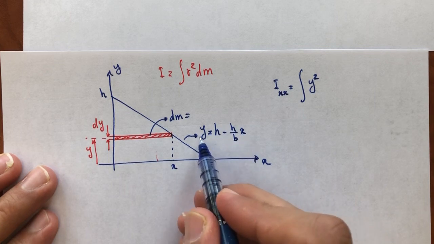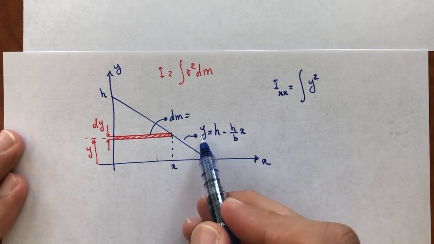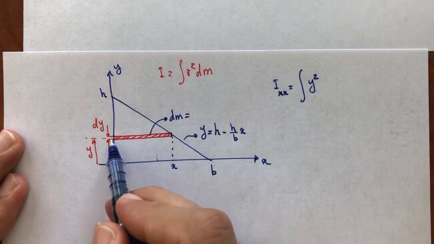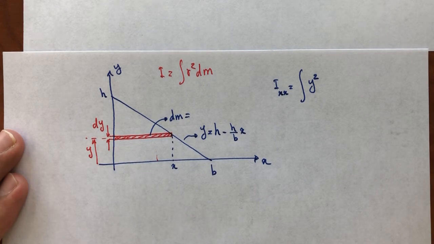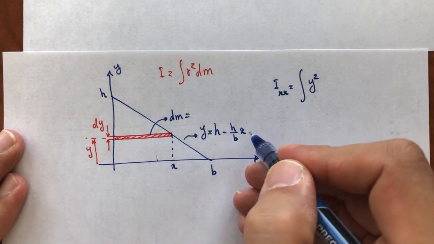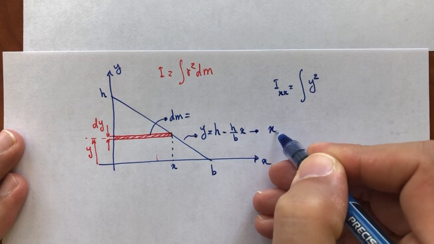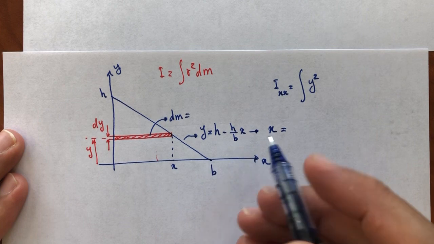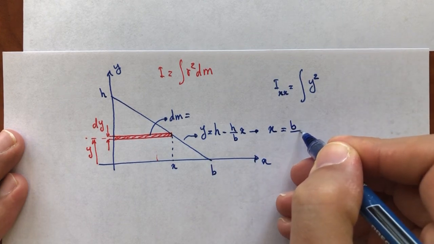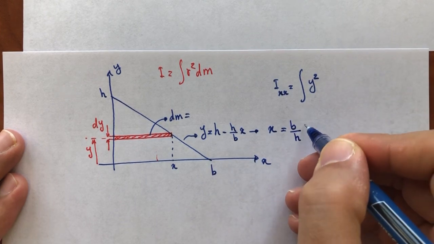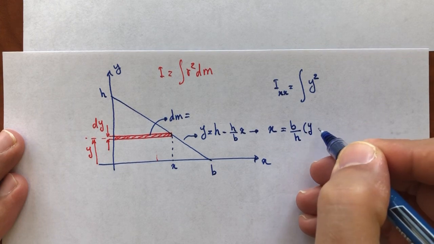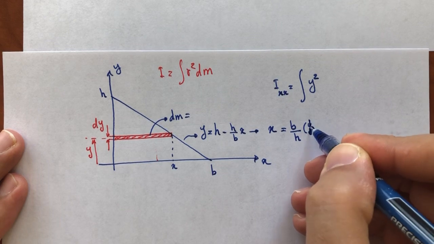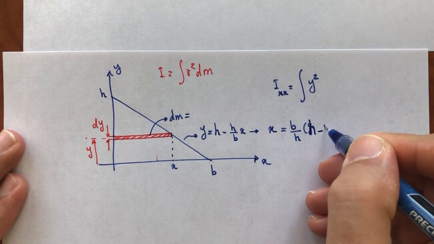You can change the order of this equation, and x is equal to b over h times (h minus y).